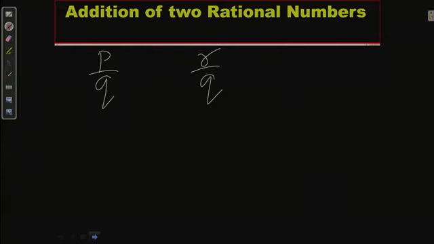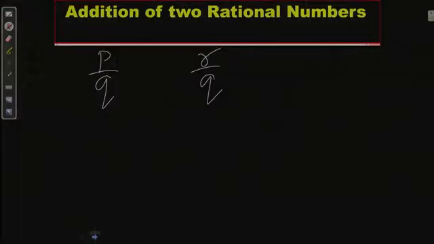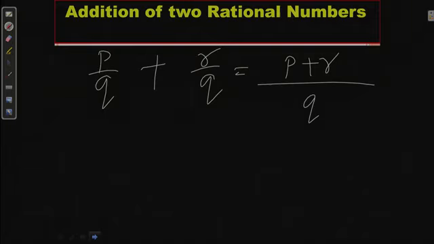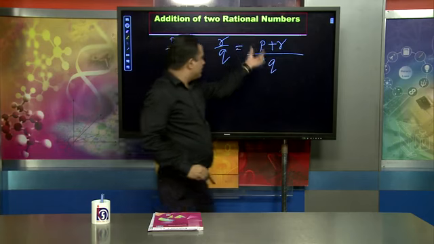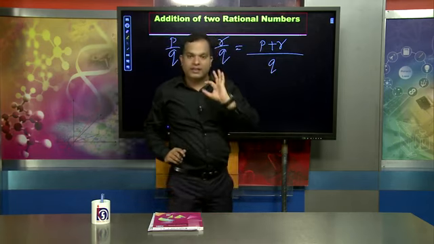What you observe here is that the denominators are the same. When the denominators are the same and we add, we keep the q and get p plus r by q. Because the denominator is the same, it remains q and only the numerators are added to each other. This is the principle.